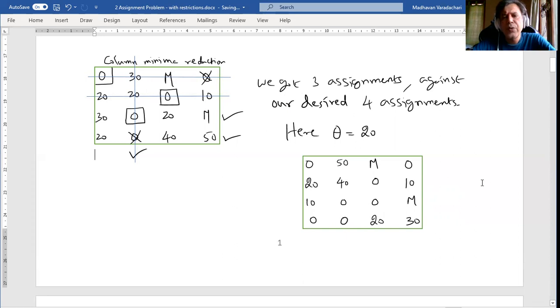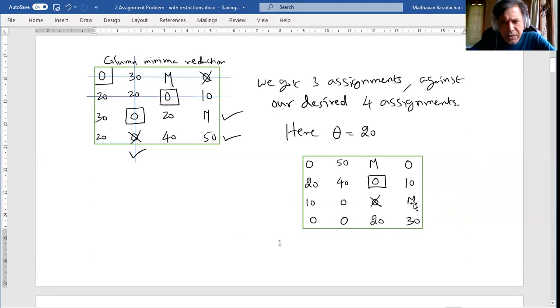Now again review each row, see whether you can do assignments. First row, more than a single zero, ignore it for the time being. Second row, single 0, yes, assign it. Since I assigned this, any other 0 in the corresponding column needs to be crossed, so I will cross this.